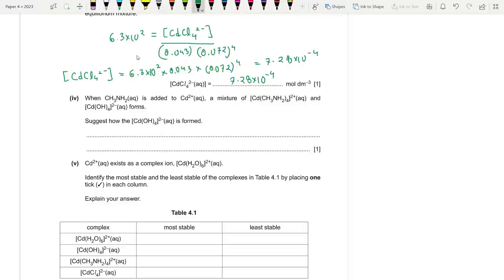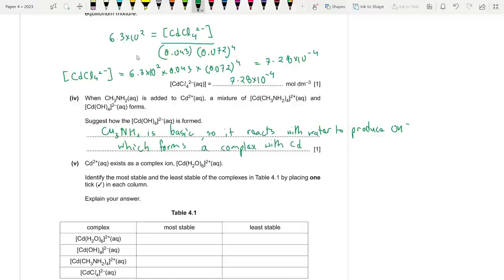Let's write this down: CH3NH2 is basic, so it reacts with water to produce OH-, which ultimately forms a complex with Cd2+ aqueous. Fine.